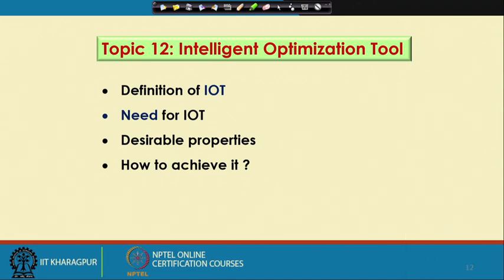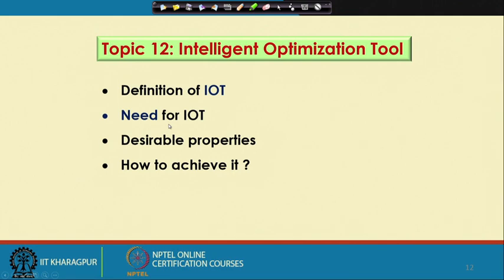There could be some uncertainty and imprecision in those problems also, and the problems could be dynamic in nature. If you want to handle those types of problems, you will have to go for an intelligent optimization tool. That means the tool should be intelligent enough to take decisions as the situation demands.